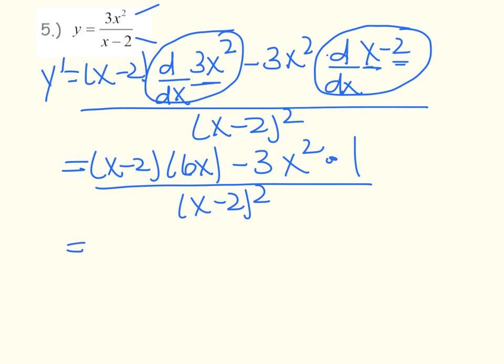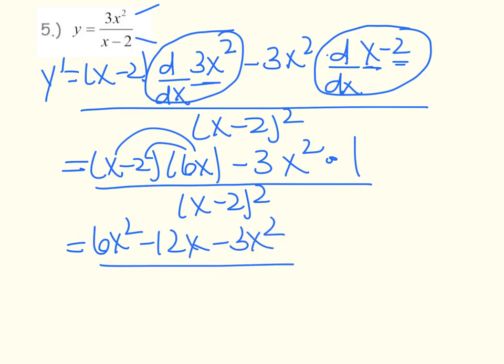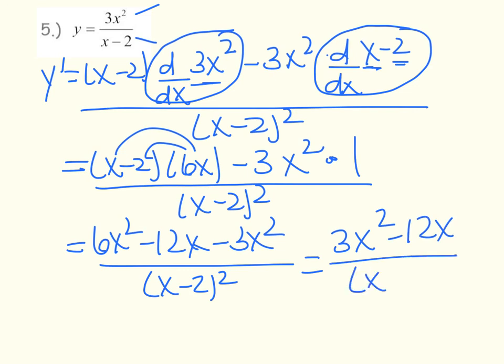And then usually we'll just ask you to clean up the numerator. So that's 6x squared minus 12x minus 3x squared divided by x minus 2 squared, which would be 3x squared minus 12x divided by x minus 2 squared. And that's your derivative.